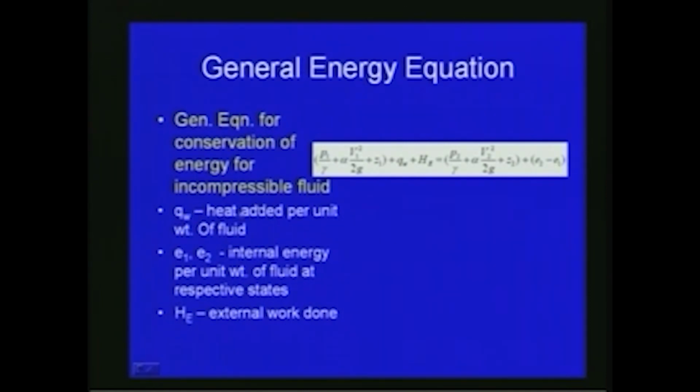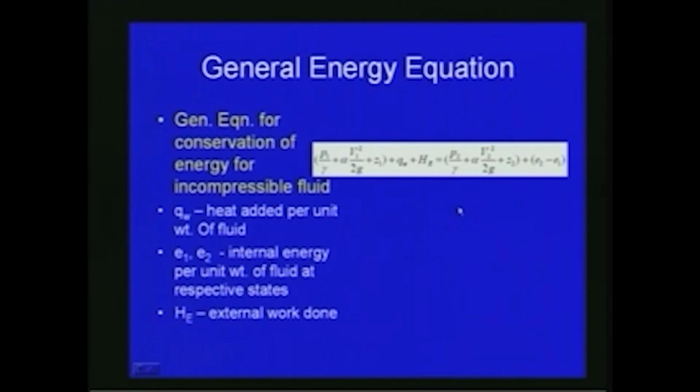where QW is the heat added per unit weight of fluid, so that effect is considered, E1 and E2 are the internal energies of the flow which you are considering, and HE is the external work done. So this is the final form of the energy equation.